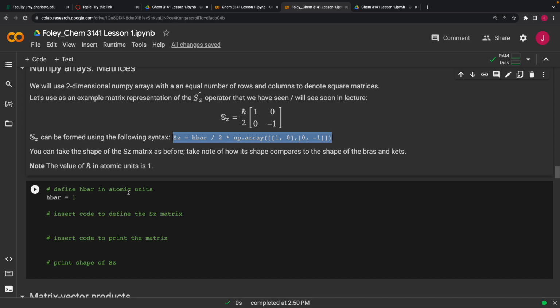That's a unit system I like a lot. Dr. Woods is not a fan. This is just a rift between theorists and experimentalists. Theorists love atomic units, experimentalists hate it. But anyway, I'm running the show today, so we're using it. It's a lot more convenient than some number times 10 to the minus 34, I think.